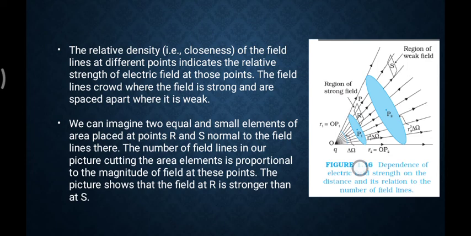I'm not changing even the direction, otherwise you could contradict me that by changing the direction of the area element it may not pass through the same lines. I'm just shifting it from here to here, and the number of field lines passing through it changes. So as you go away from the point charge, the field lines are more spaced out and the field is weaker.